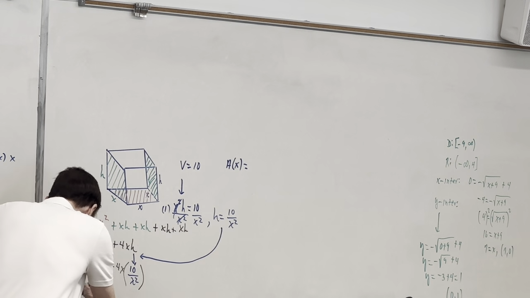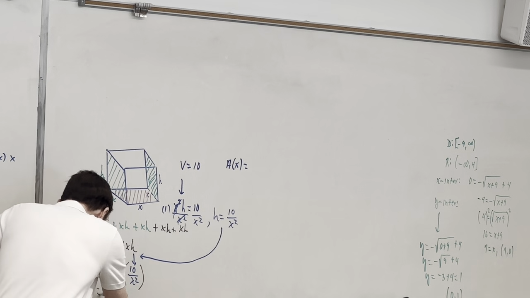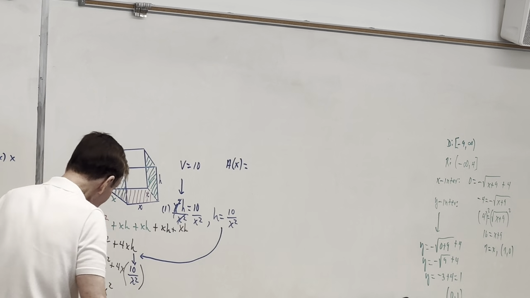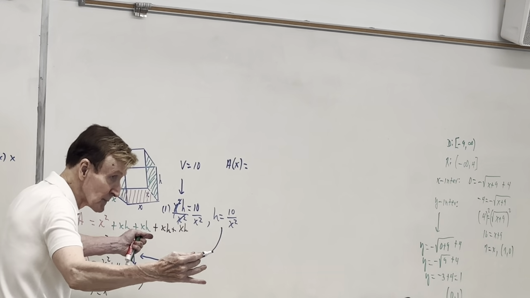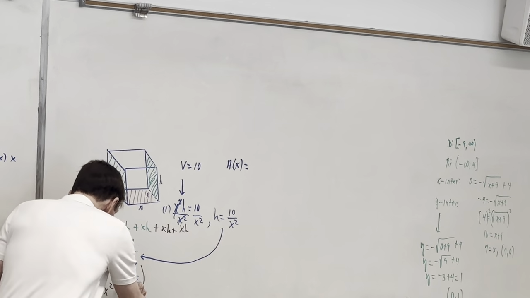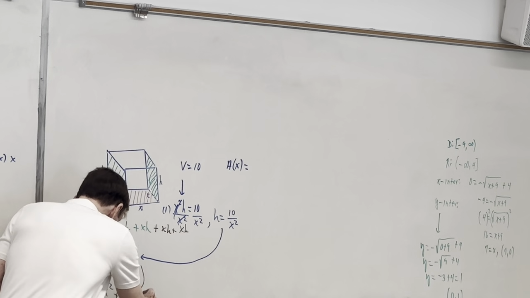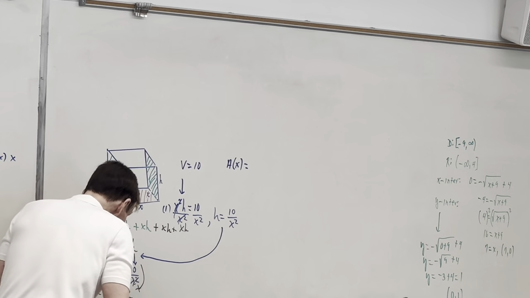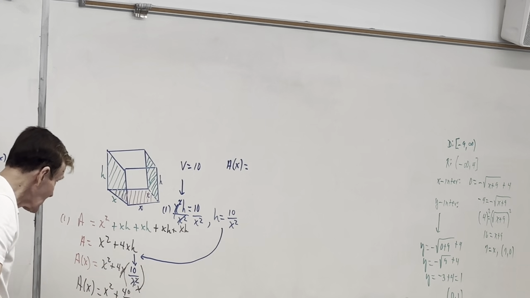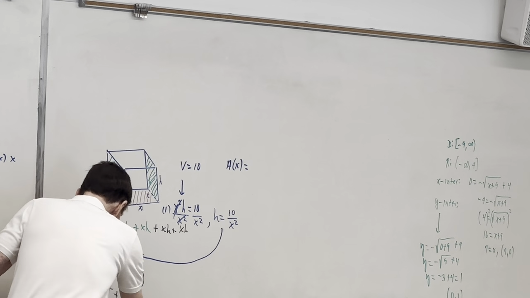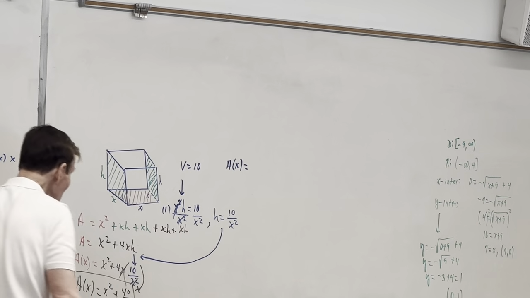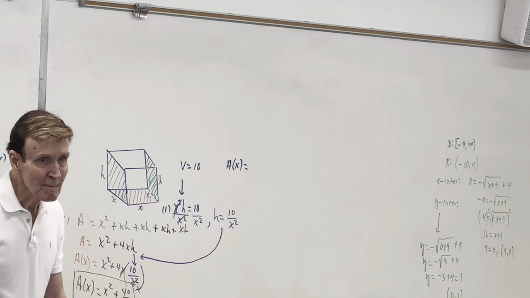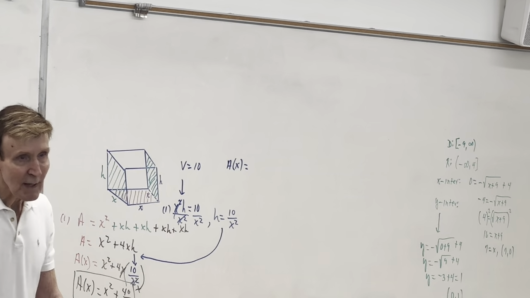I'm going to write my final response like this. x squared plus, if I clean this up, 4 times 10 is 40. And I could cancel one of these x's out and end up with one x in my denominator. I'm going to leave the answer like that, as an expression for the area of the box.